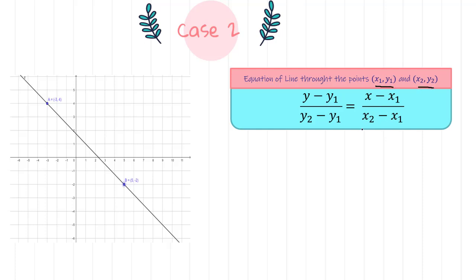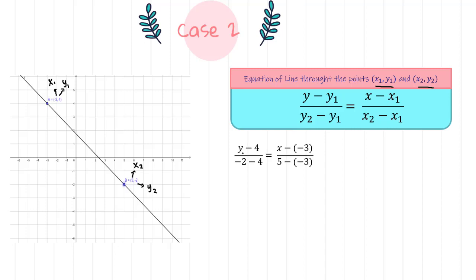This line goes through 2 points, which are A(-3, 4) and B(5, -2). So -3 is x1 and 4 is y1, and 5 is x2 and -2 is y2.